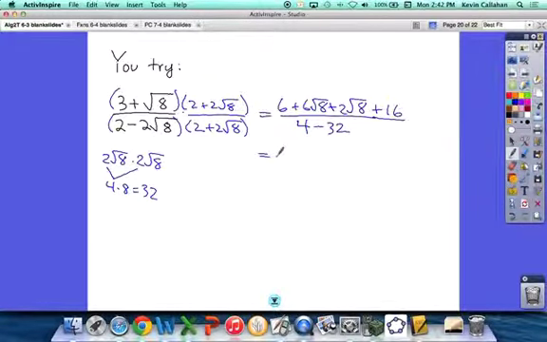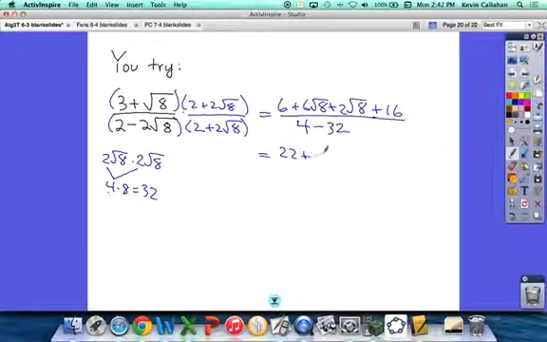Okay, so let's see what simplifies here. Because the square root of 8 times the square root of 8 is 8, the 2 times 2 is 4, and 4 times 8 is 32.